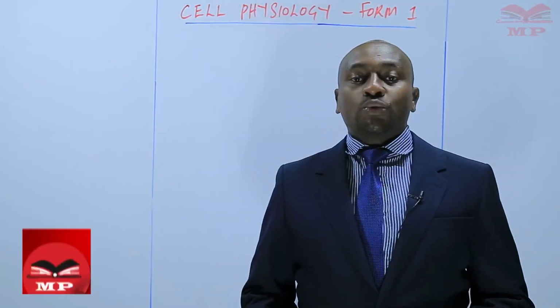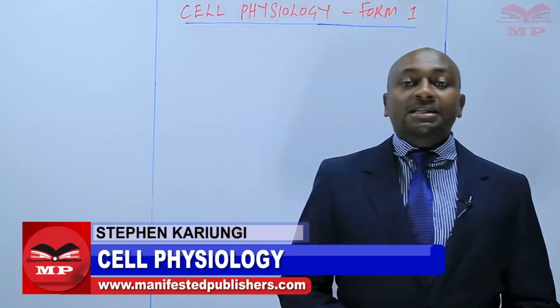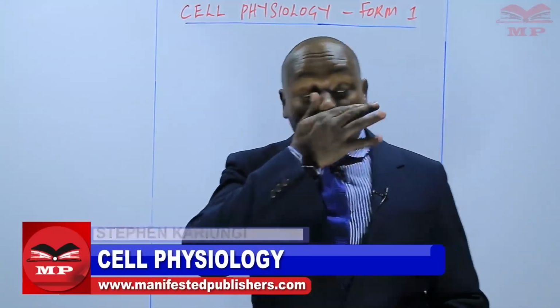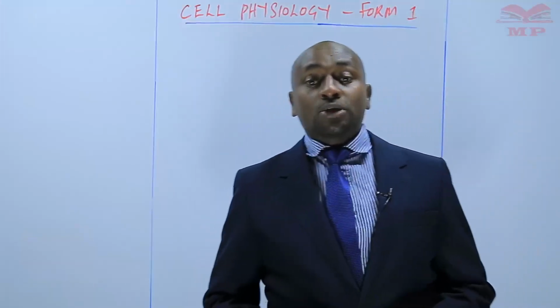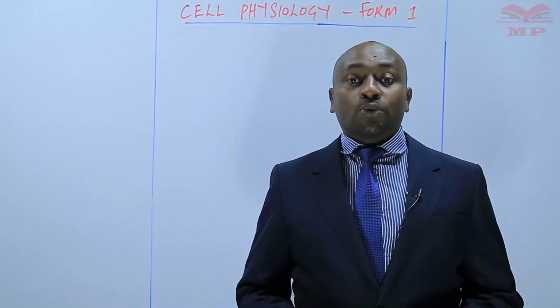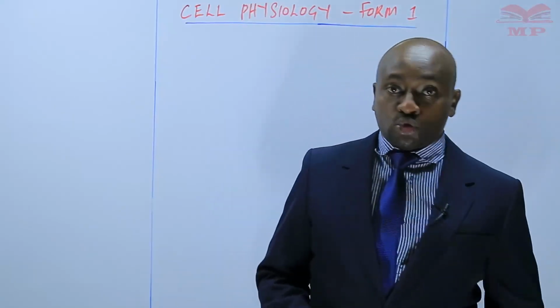Today we continue with our discussion on osmosis, a subtopic within the topic cell physiology. During the last lesson, we had an experiment to demonstrate how osmosis takes place using a visking tubing.